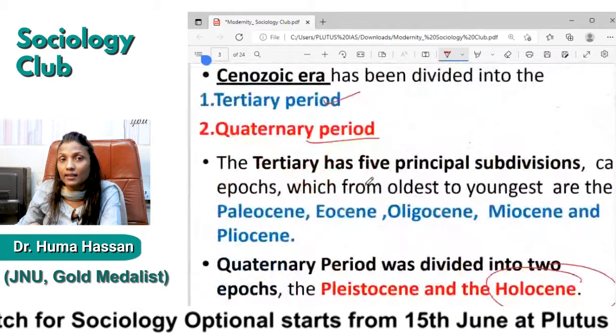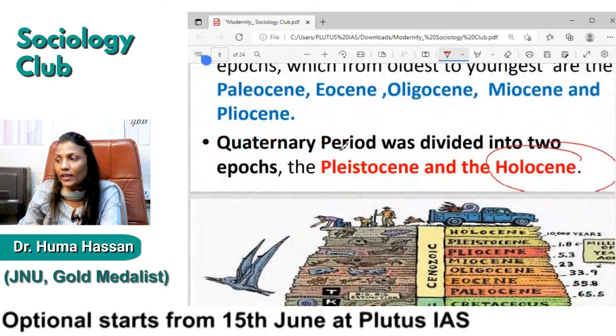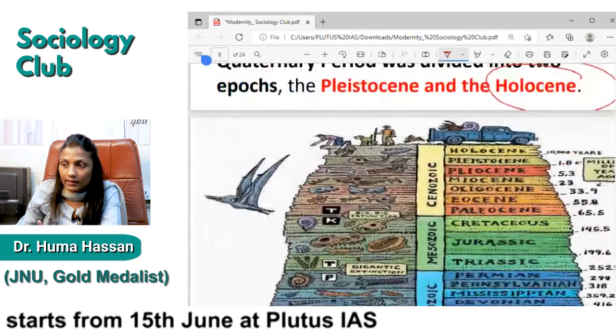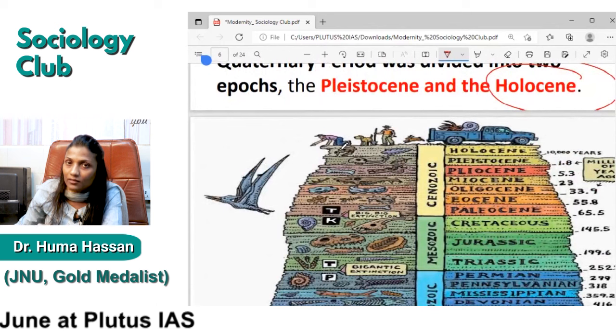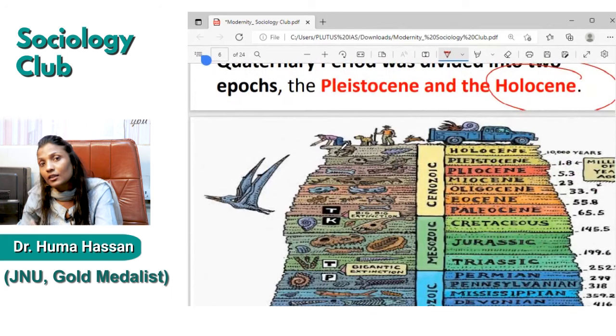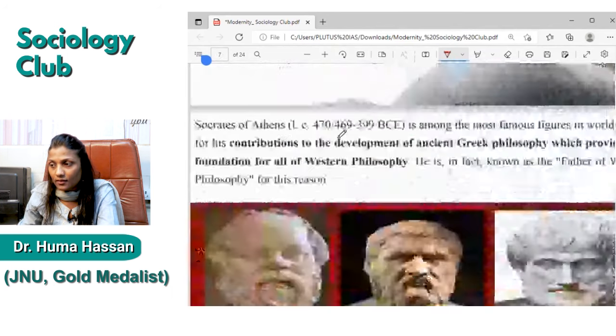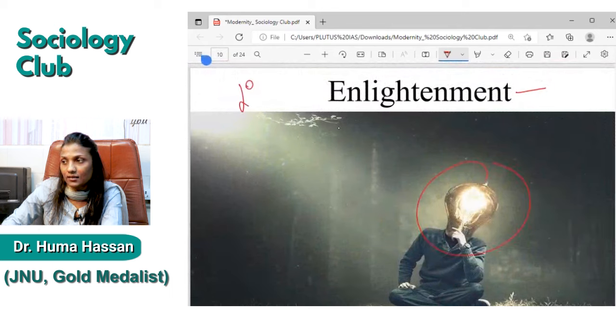Given the vastness and the challenges of UPSC, we can win only if we work together, that even if we are reading for our optional, we should correlate with other subjects, and we should see the facts. As I have discussed Renaissance, here this is Enlightenment. What does Enlightenment mean? That finally we have come to the light.